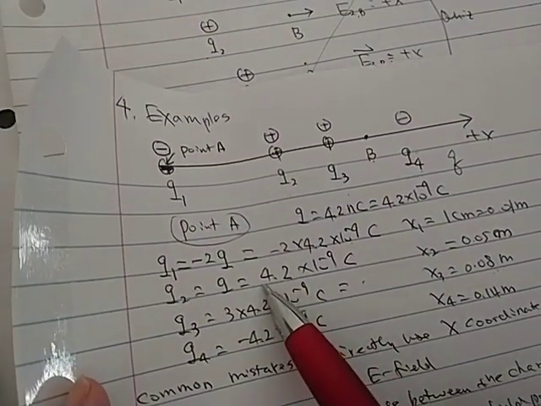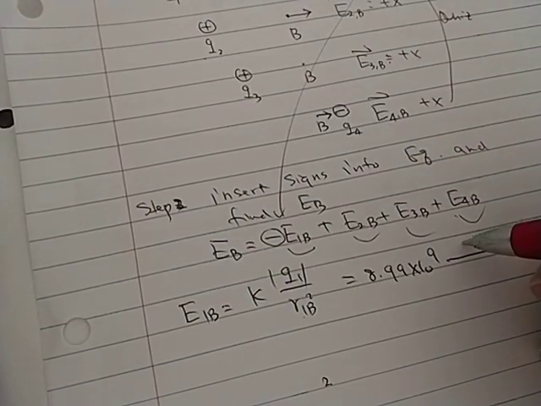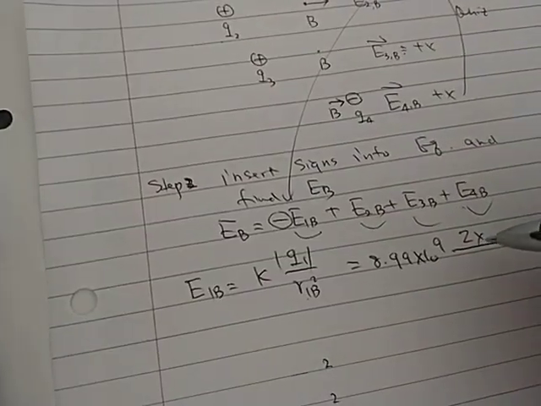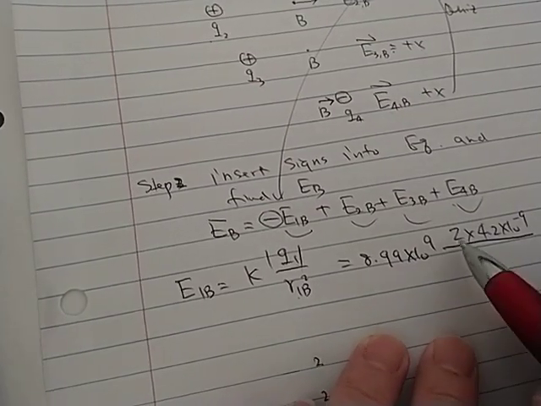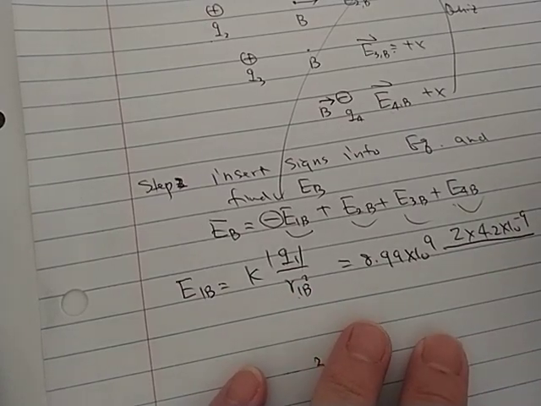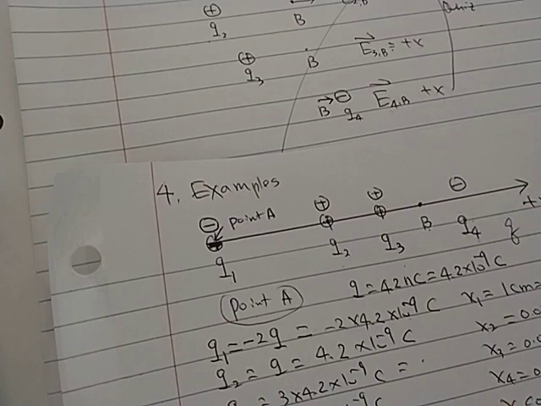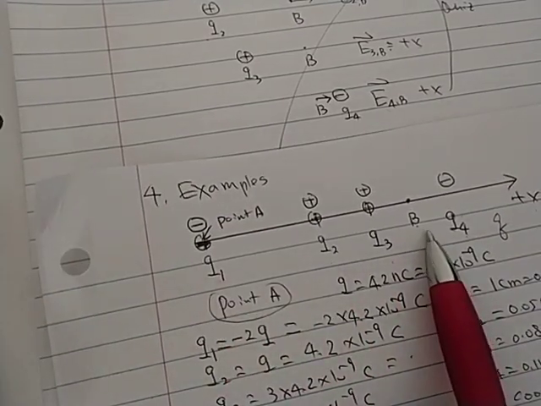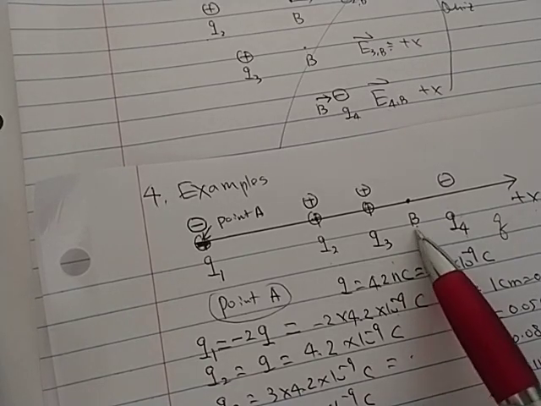Q1, we already did it. So this is essentially 2 times 4.2 times 10 to the negative 9. Okay, so I'm going to write this down. In the beginning, there's a negative sign, but because we take the absolute value, I get positive numbers. R1B is the distance between Q1 and B, and we already did it for Q1A, so it's the same deal.